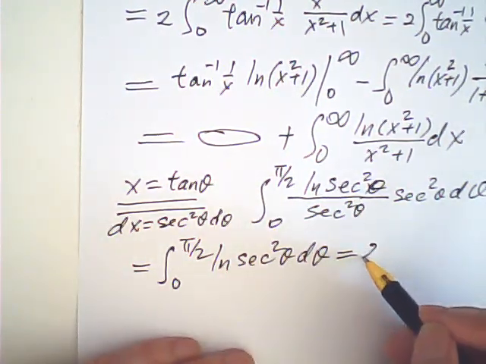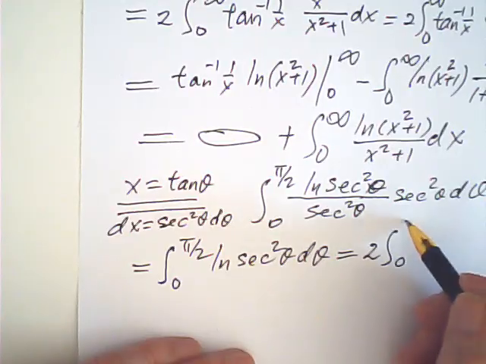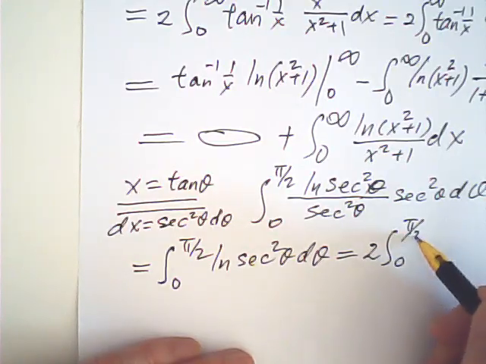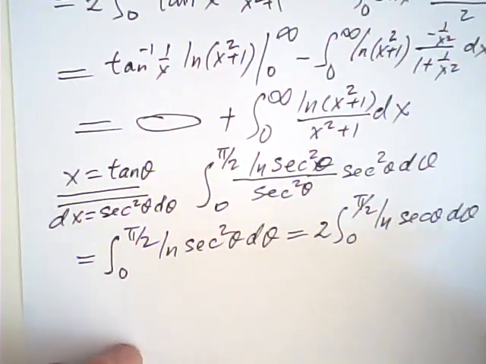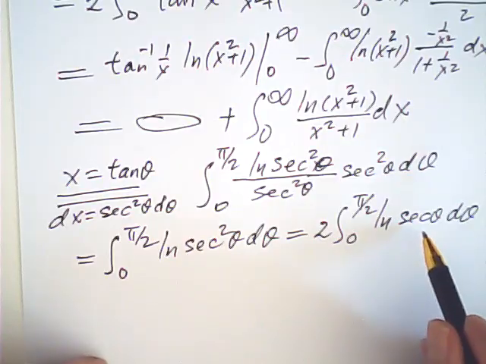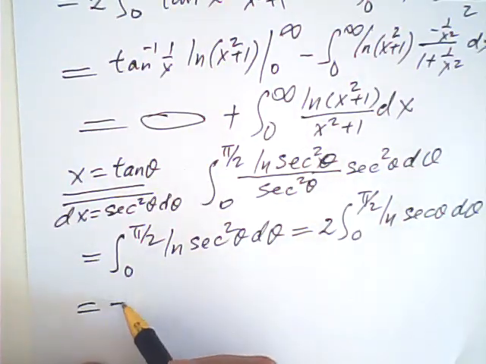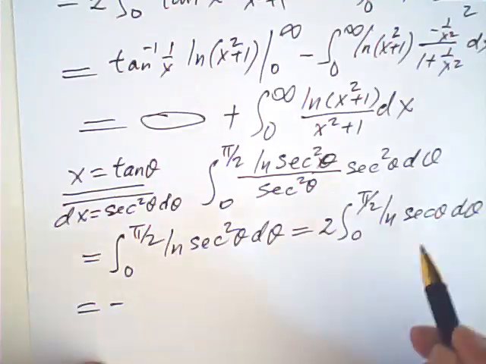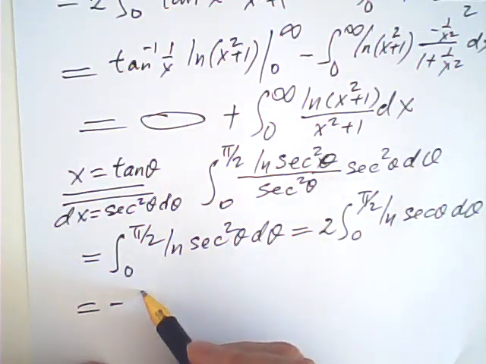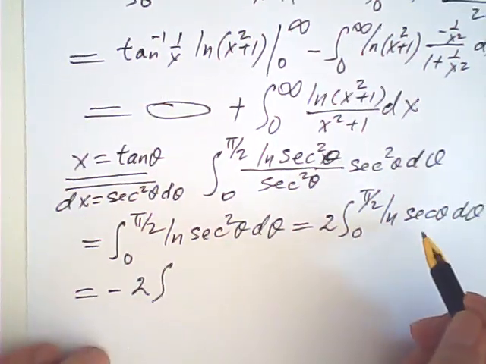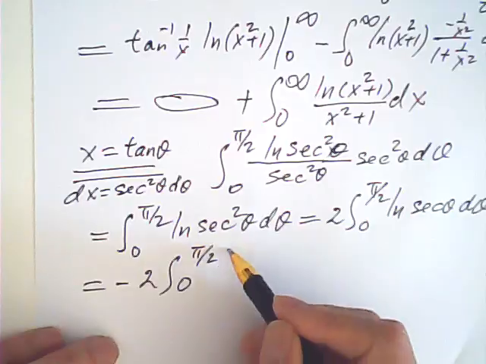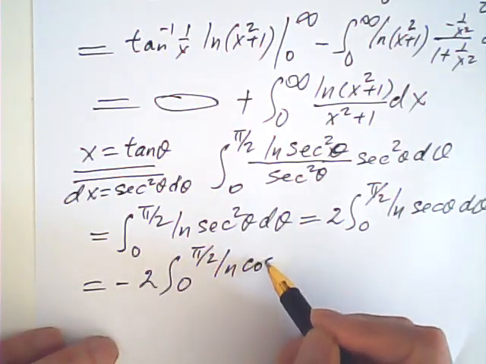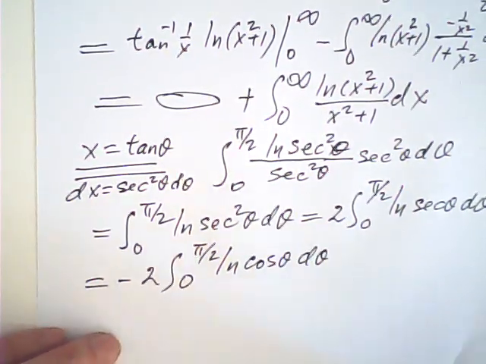This 2 could be written here. Log secant is a negative log cosine, right? So this is negative 2 times the integral of log cosine theta d theta.